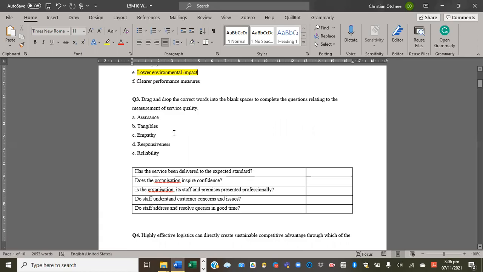This is more of the RATER model of service quality: reliability, assurance, tangibles, empathy, responsiveness. So let's arrange them. Has the service been delivered to the expected standard? Is it reliability or what?